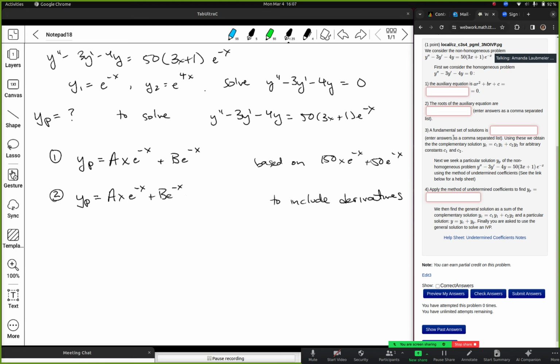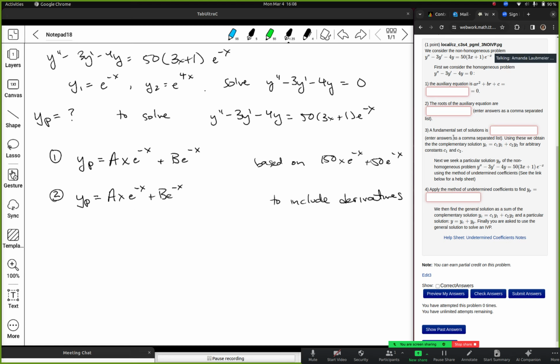The derivative of e to minus x is just going to be e to minus x again, so that'll just give me more of the same. And the derivative of x e to minus x is going to give me minus x e to minus x from taking the derivative on e, plus 1 times e to minus x from taking the derivative on x. But e to minus x is already there and x e to minus x is already there, so there's actually nothing new.